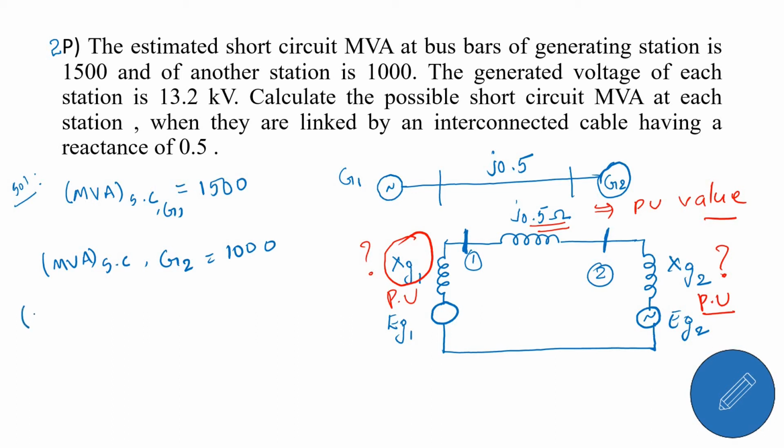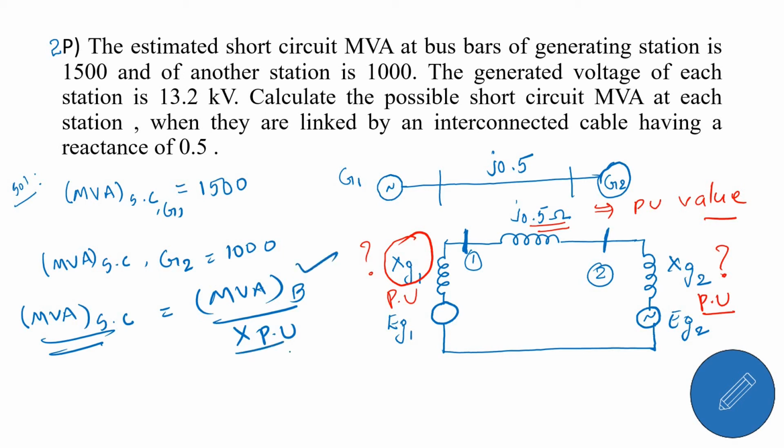So we know the formula for MVA short circuit is equal to MVA base by X per unit. If you know the MVA base value, then you can find out the X per unit for generator 1 and generator 2.